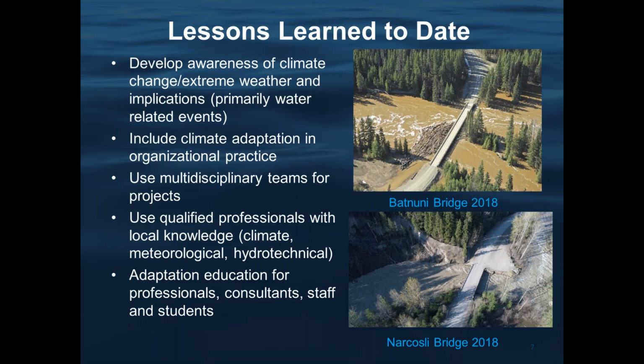We've developed a list of lessons learned to date over the last 10 years or so. The first one is to make sure that people are aware of climate change and extreme weather events and how they affect infrastructure. We've been working hard to make sure that climate adaptation is included in our organizational practice.